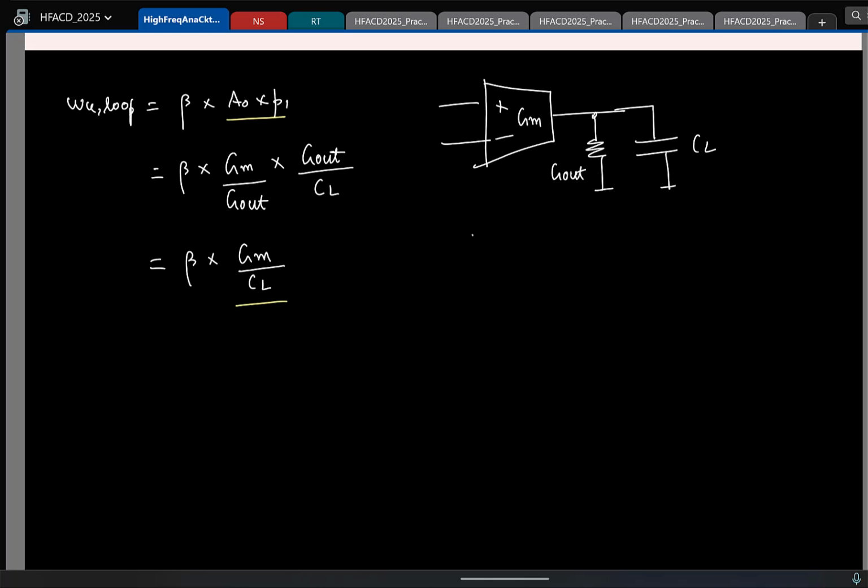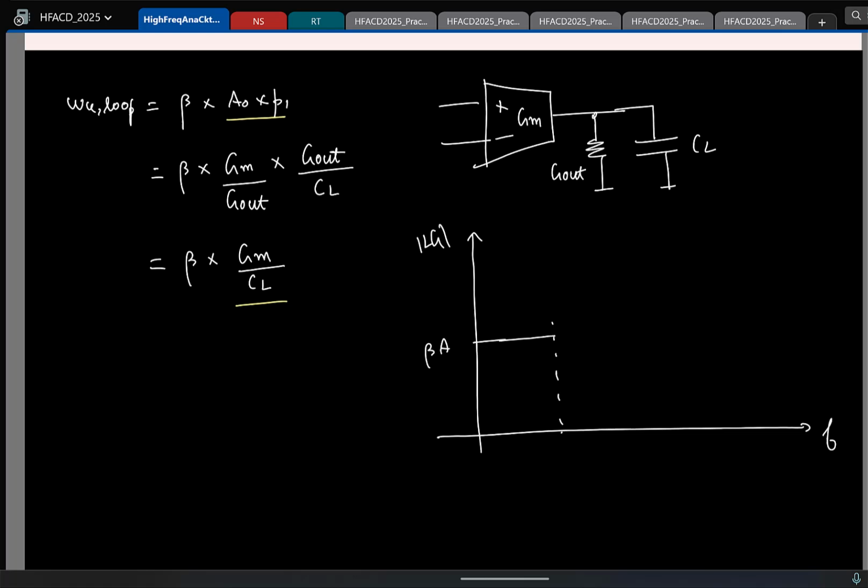So which means now if I sketch the loop gain, let us say first I am using a 5 transistor OTA. It has some moderate DC gain, say somewhere here, some beta A naught, and this is the pole location. This is the unity loop gain frequency, which is beta GM by CL.